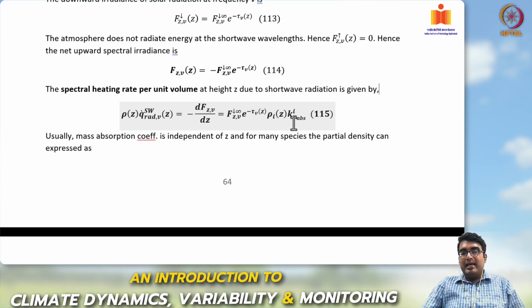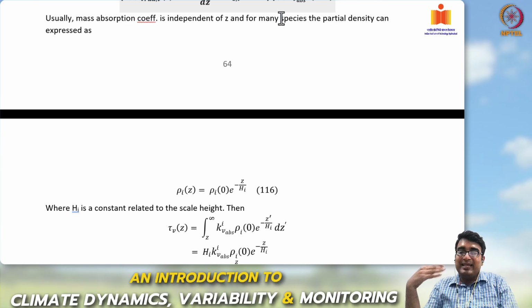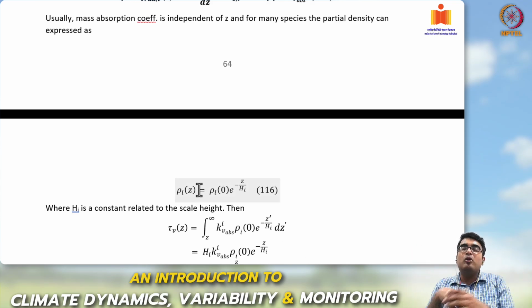Rho I z can of course be evaluated. We have evaluated that in the example before. It can either be given, we can evaluate rho I z based on the known mole fraction values, or we can also have certain analytical models.